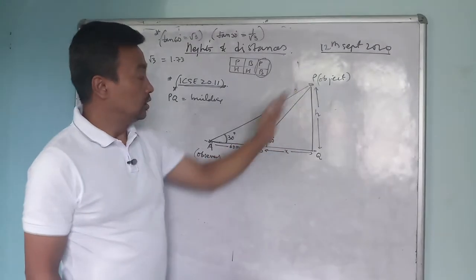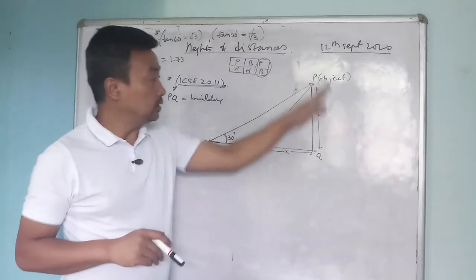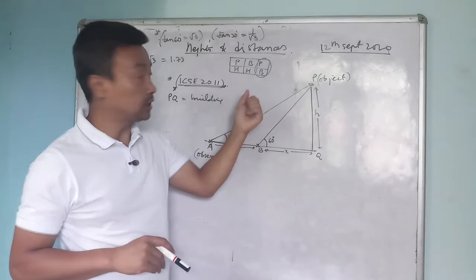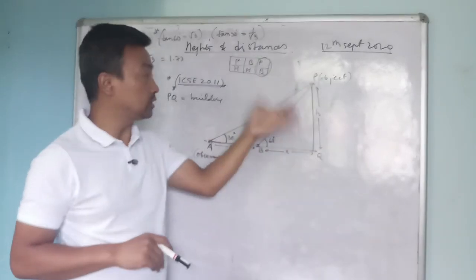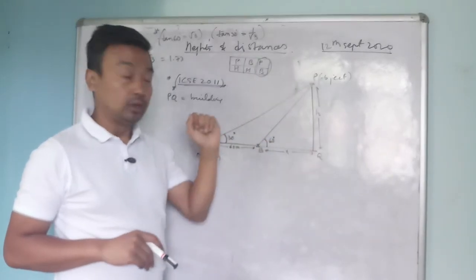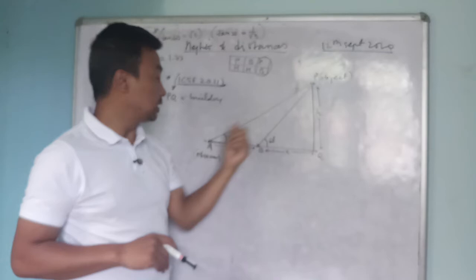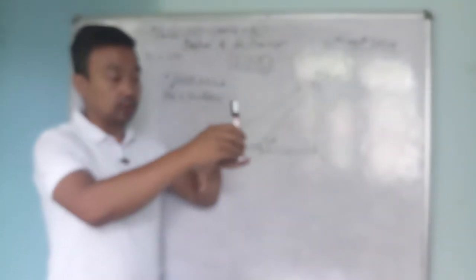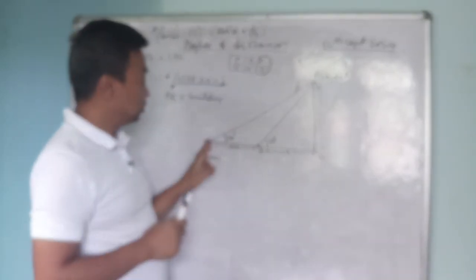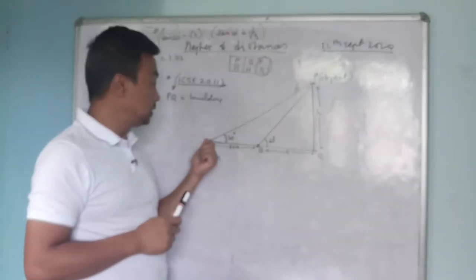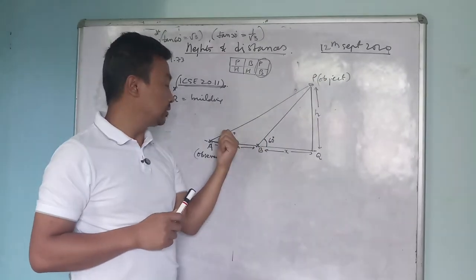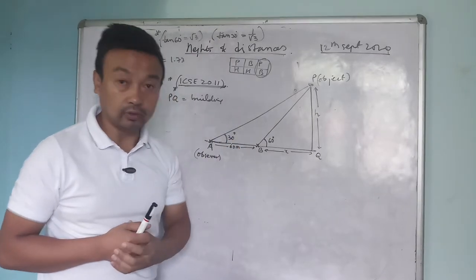So again, let us quickly understand how this whole question is translated into a diagram. There is a building and there is a man along the base of the building. From a certain point he is looking at the building with an angle of elevation of 30 degree.